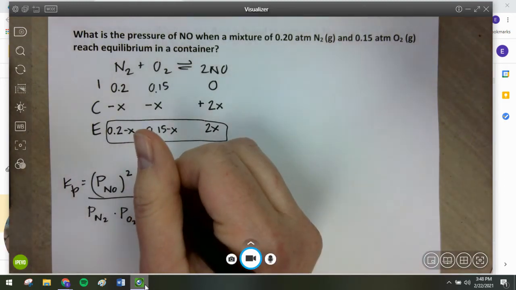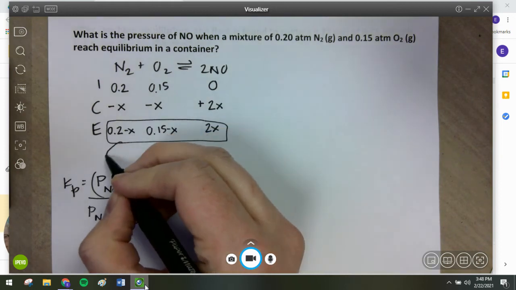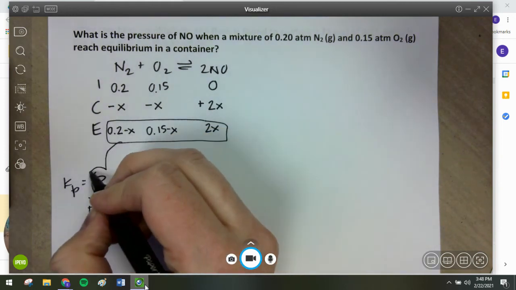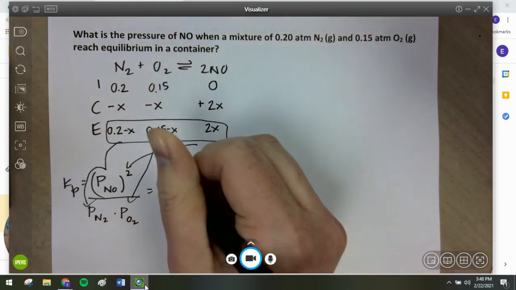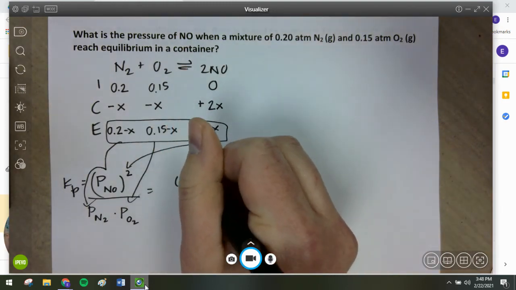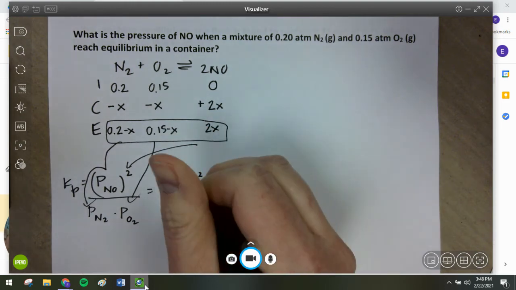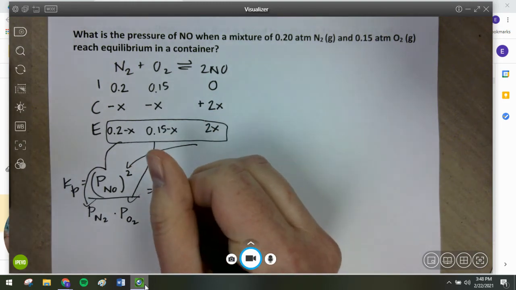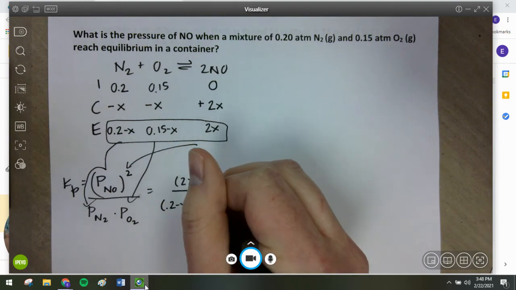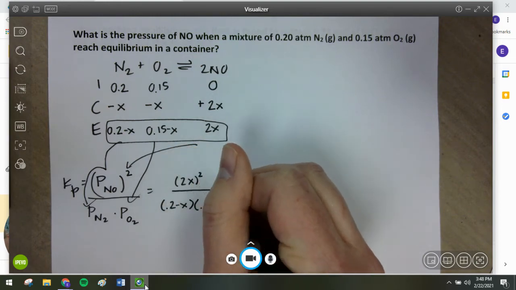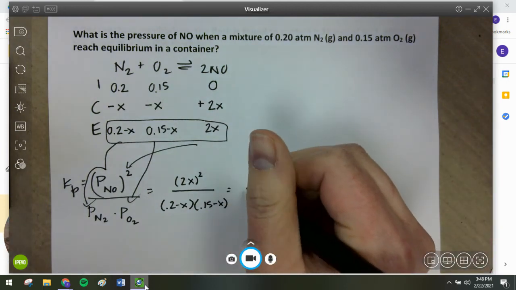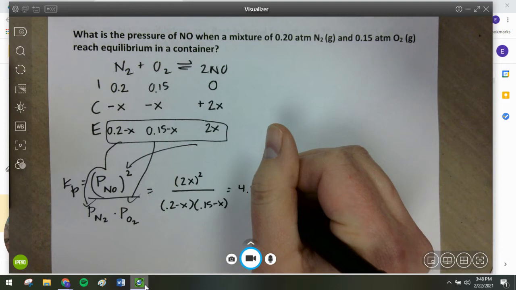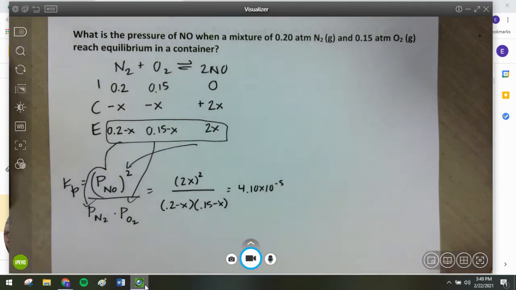And then what we do is we put these values into our expression. So it's going to be 2x squared over 0.2 minus x times 0.15 minus x. And then we set all of that equal to our equilibrium constant, which is 4.1 times 10 to the negative fifth. And now if you look at this, we want to solve for x.